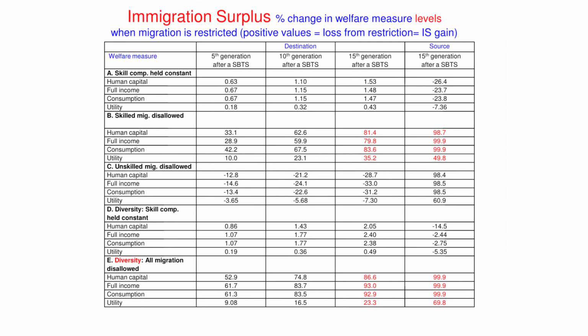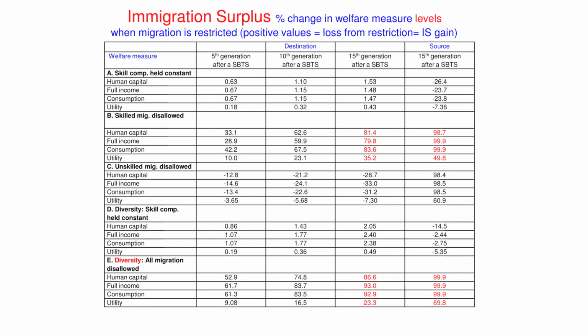So we take again the overriding case as being the skill composition, and then we compute it when the skill composition is the same, when skilled migration is disallowed, when unskilled migration is disallowed, and we do that in the benchmark model as well as in the extended model that allows for diversity.